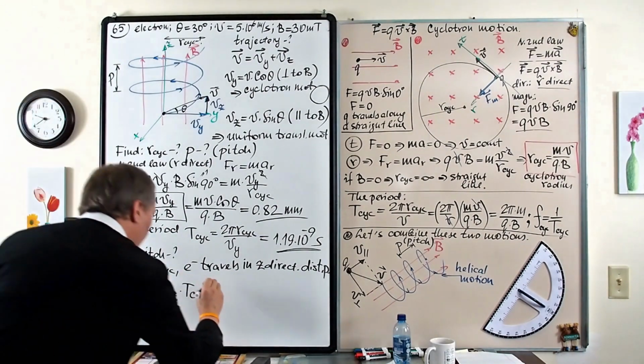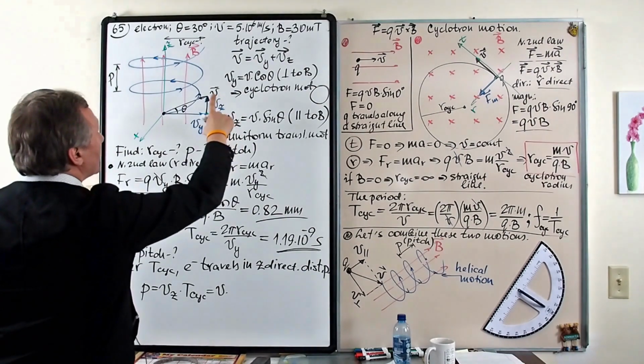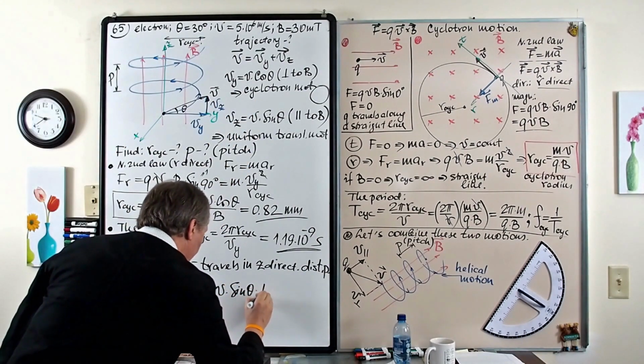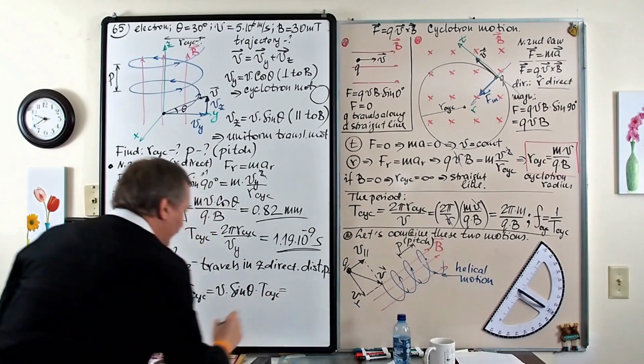So it will be v times sine theta times T cyclotron.